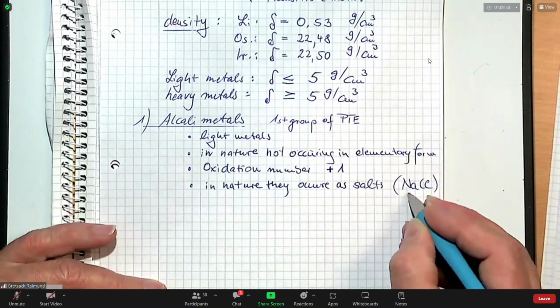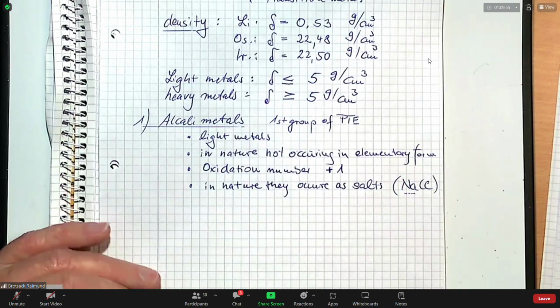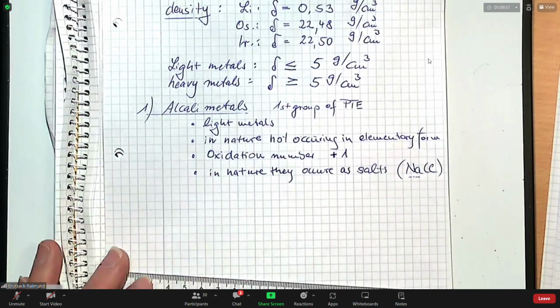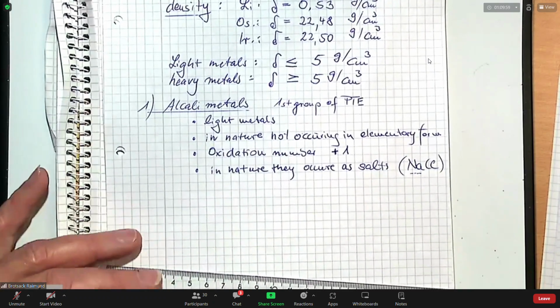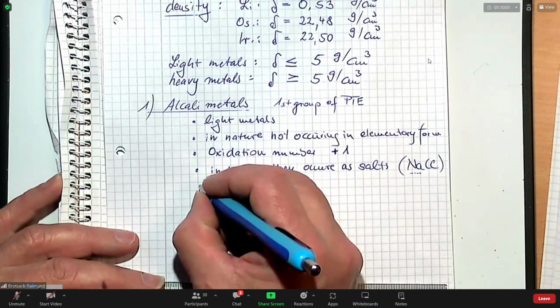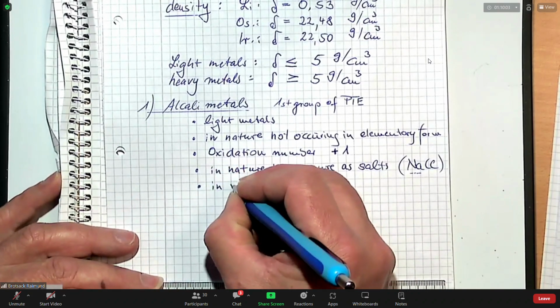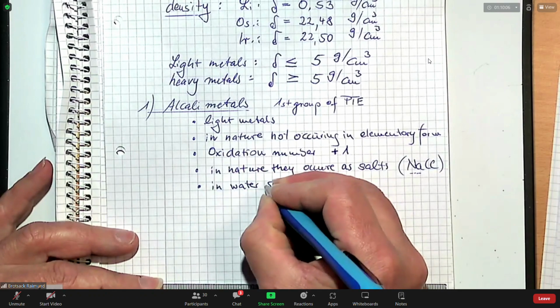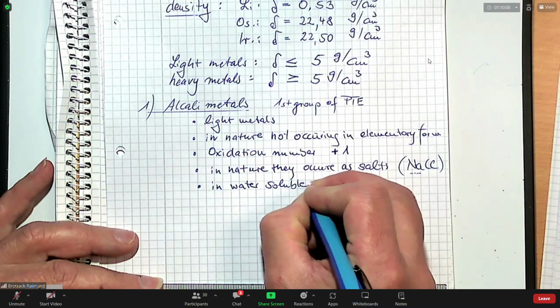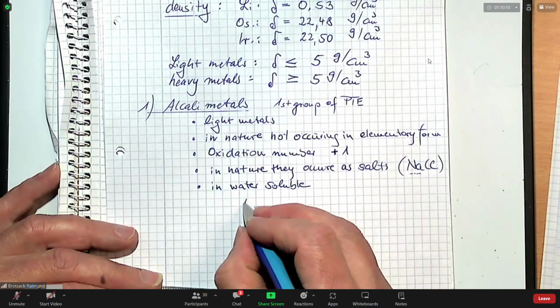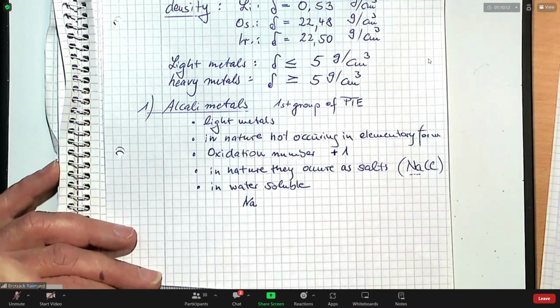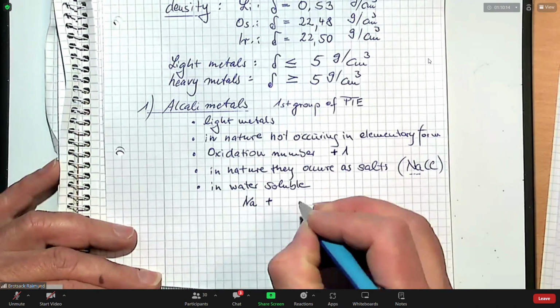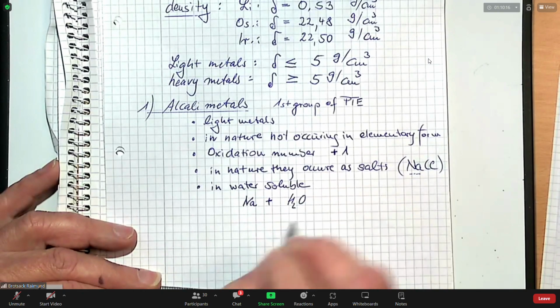So sodium, of course, is the important alkali metal in here, and they are soluble in water normally. So if we have the sodium and we put it in water, it's soluble.